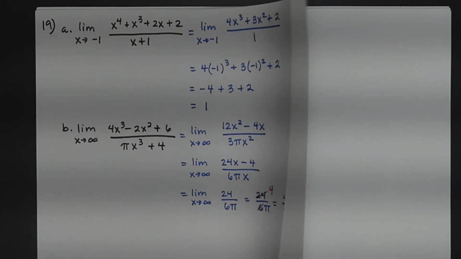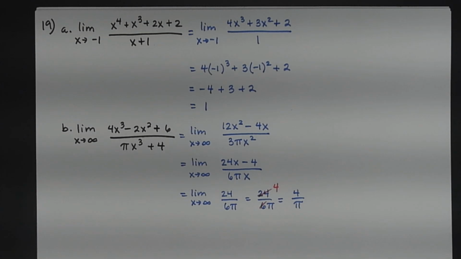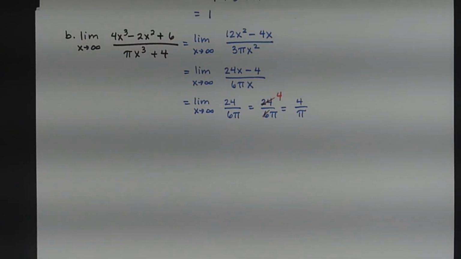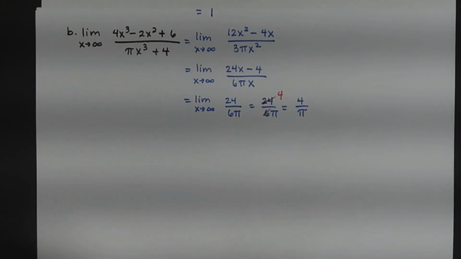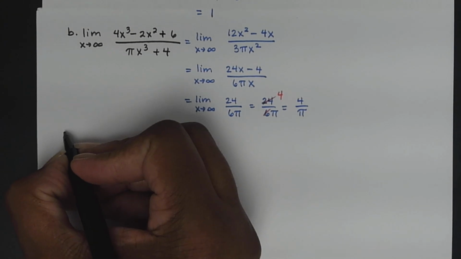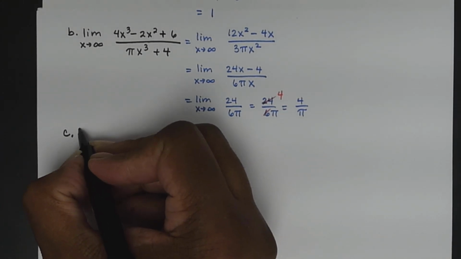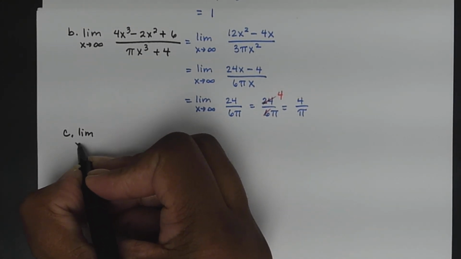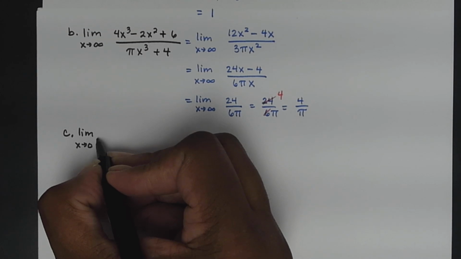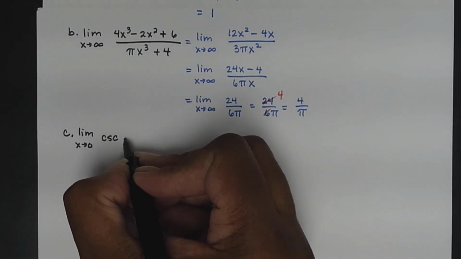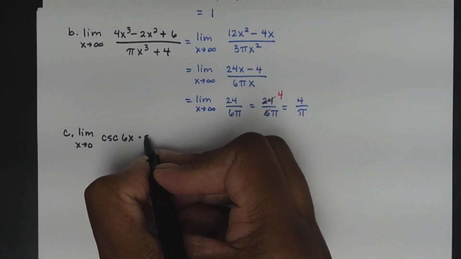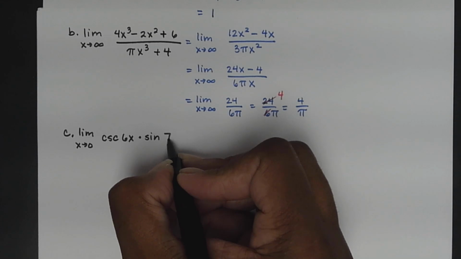All right, now part C. Here we're taking the limit as x approaches 0 of the cosecant of 6x times the sine of 7x.